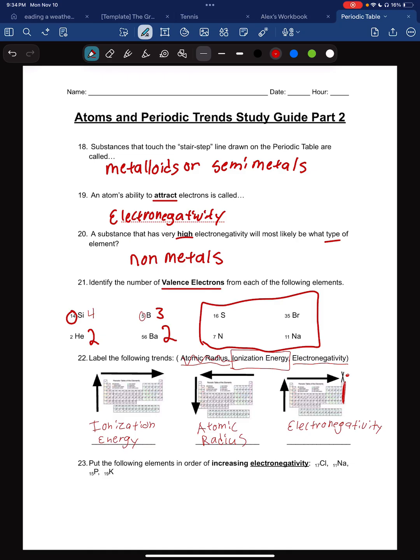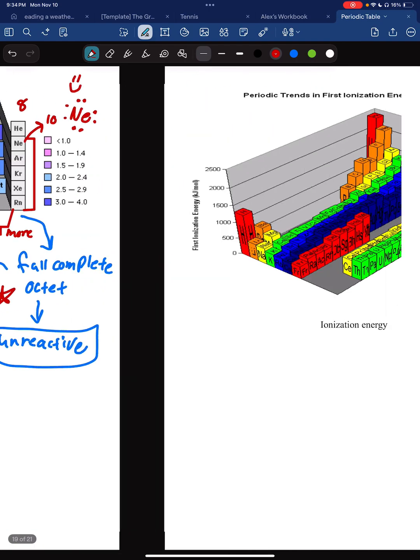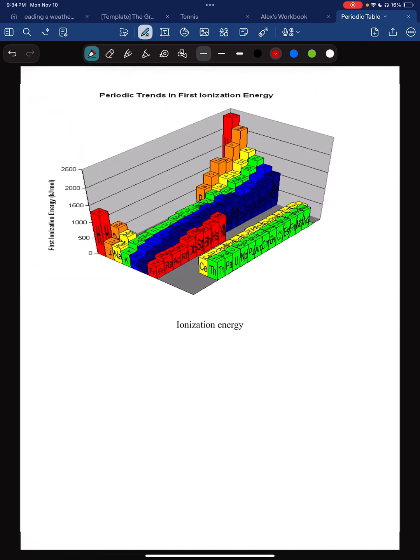Well, our atoms have to pay energy in order to take away electrons from another atom. So we're going to look at our periodic trend of ionization energy here. What we're looking at is how much it costs to take away an electron from an atom.